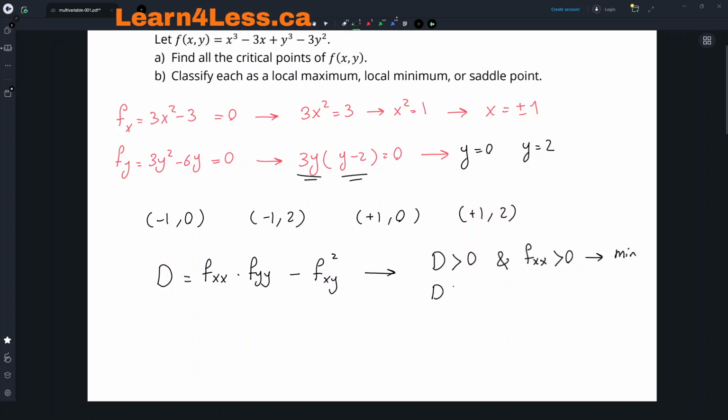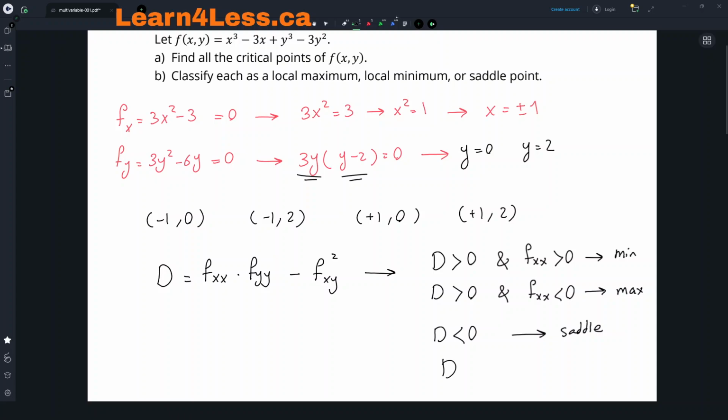If the discriminant is greater than 0 and fxx or fyy, doesn't matter, is less than 0, it means we are dealing with a maximum. And if D is less than 0, it means we are dealing with a saddle point.